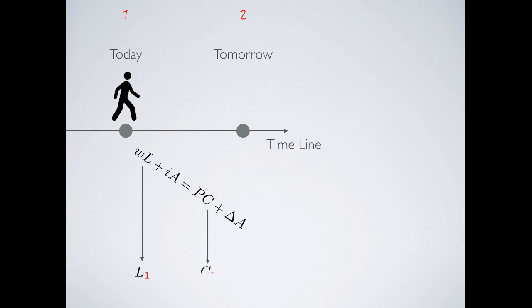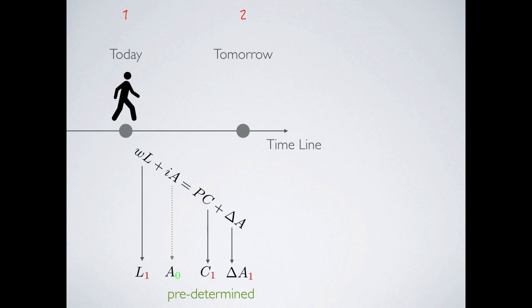The second thing he has to decide is how many consumption baskets he has to consume. So we put down C1. The third thing he has to decide is how much money to set aside for investment, which is delta A1.